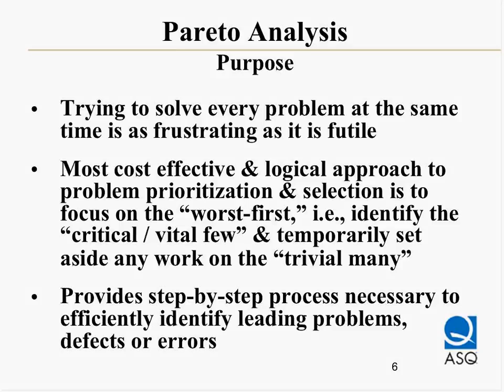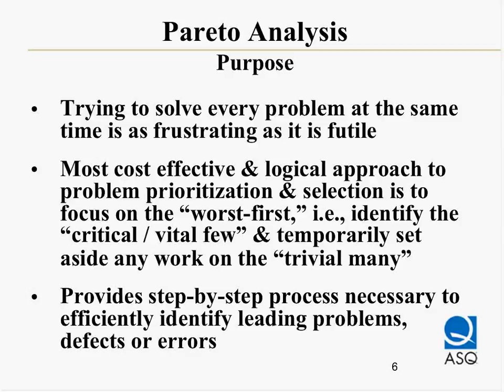We know trying to solve all problems at the same time is as frustrating as it is futile. The most cost-effective approach to problem prioritization and selection is to focus on the worst first. Identify the critical or vital few and temporarily set aside the remainder, known as the many.